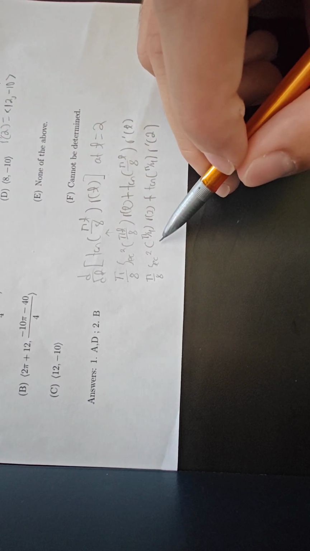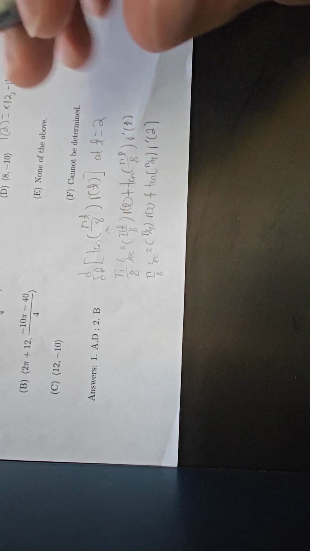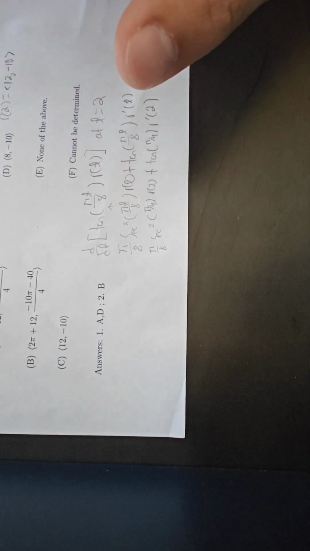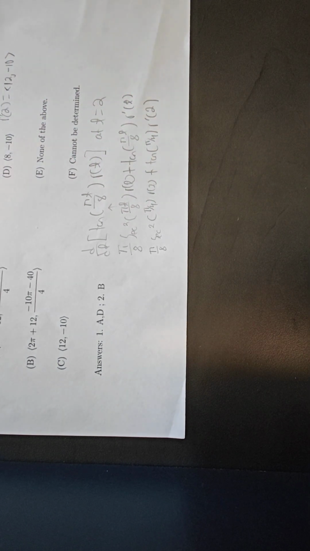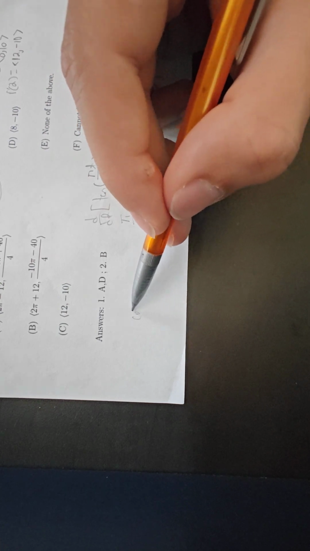The secant squared of pi over 4 is, if we recall our radian circle, which I don't at the moment, you'll be able to solve that quite easily. However, we could figure it out with the logic. The secant is the inverse of cosine.